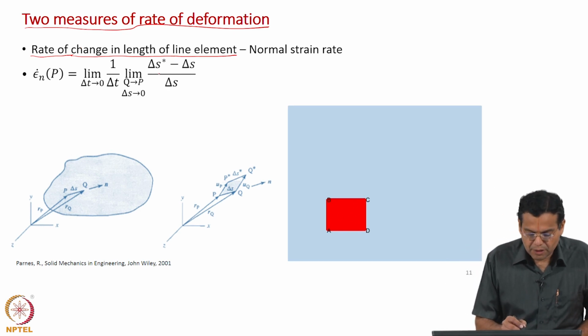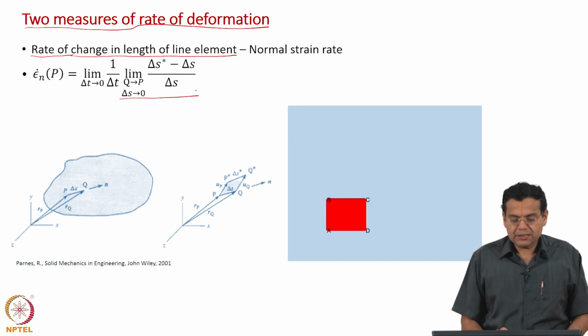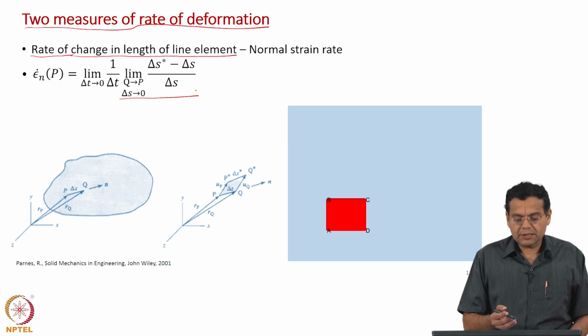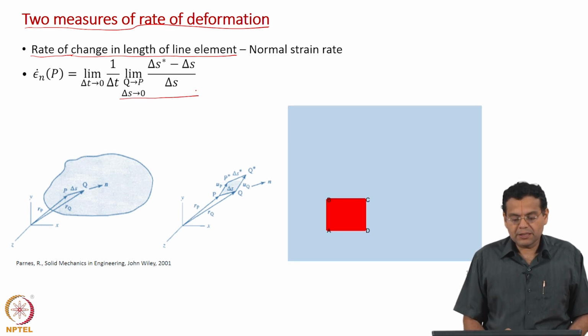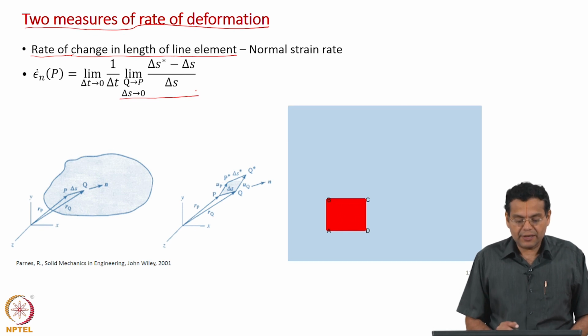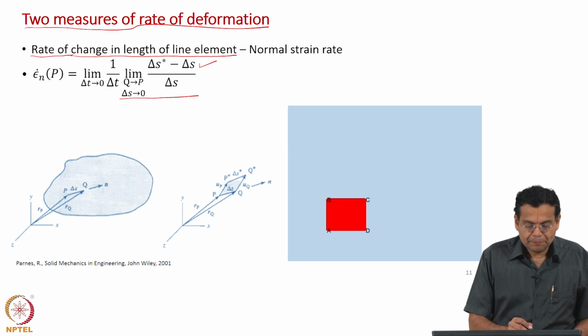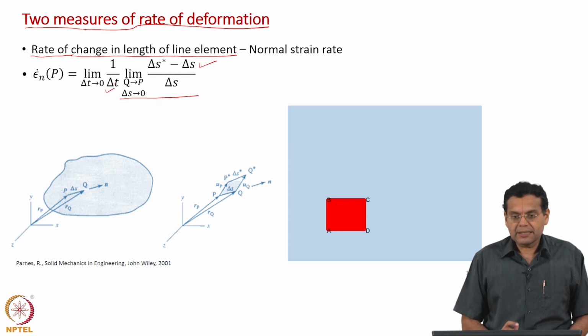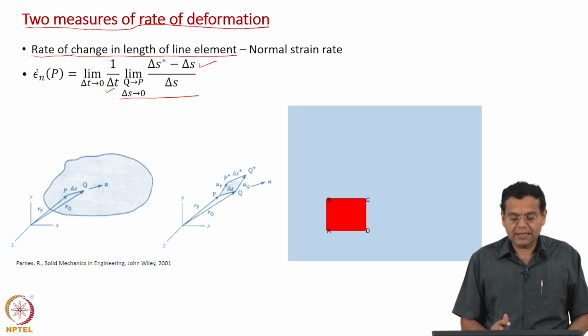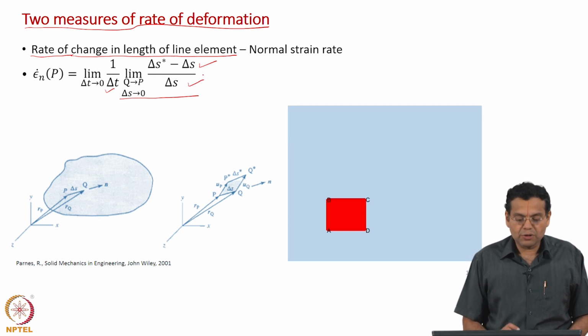Now, this part of the definition is same as normal strain, which tells about change in length by original length. Now, we need to express in terms of rate of change of length. So, the numerator tells change in length, divide by delta t gives rate of change in length, of course per original length. And now, we have two limits.